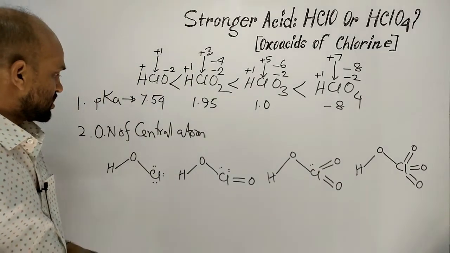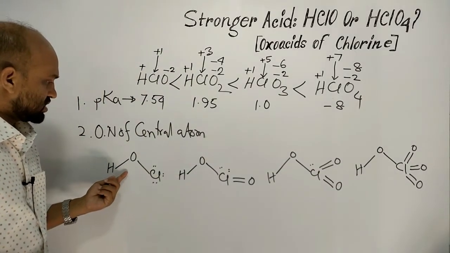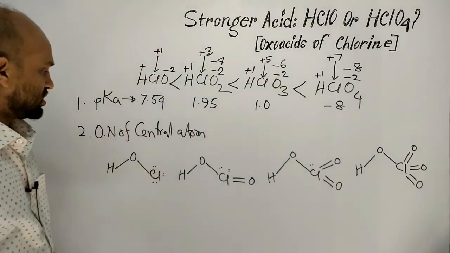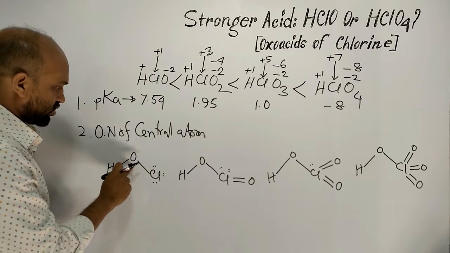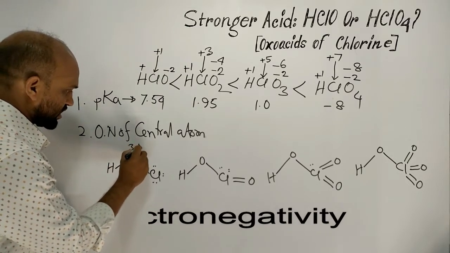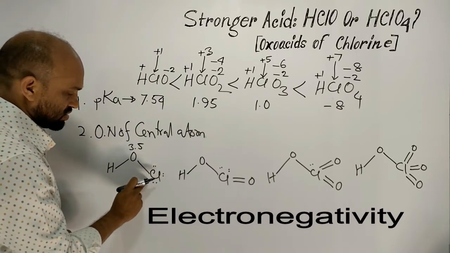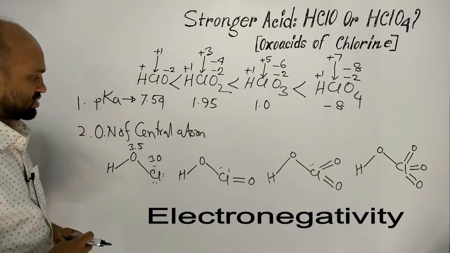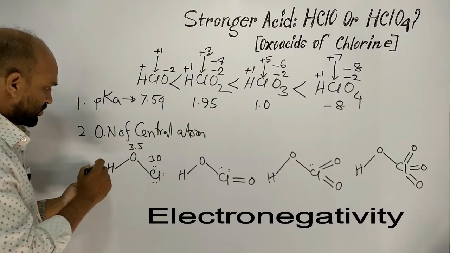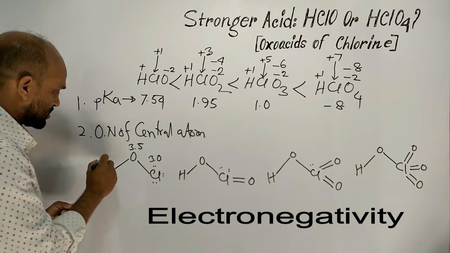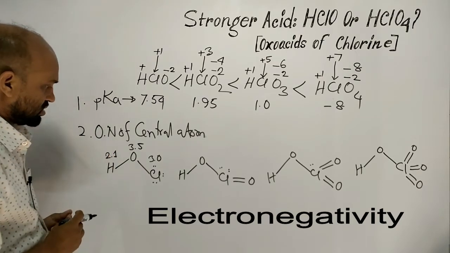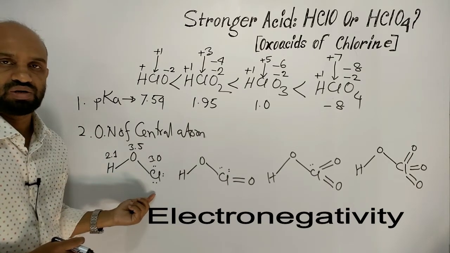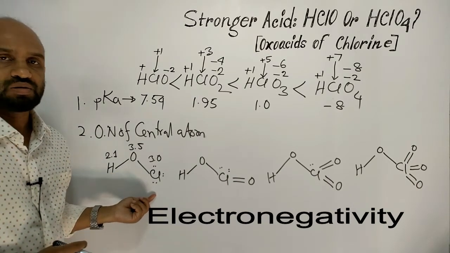Now let's see how this is weaker and this is stronger. Here the electronegativity of oxygen is 3.5, for chlorine it is 3.0, and for hydrogen it is 2.1. So the electronegativity of oxygen and chlorine is higher.